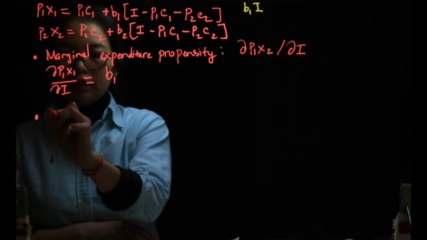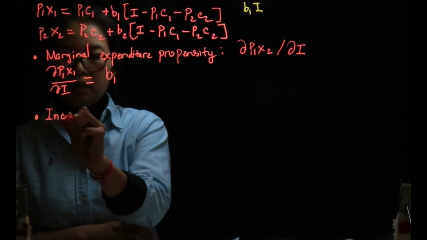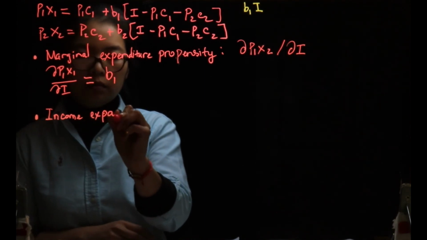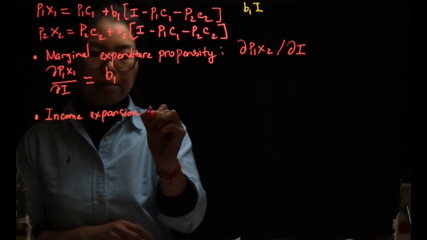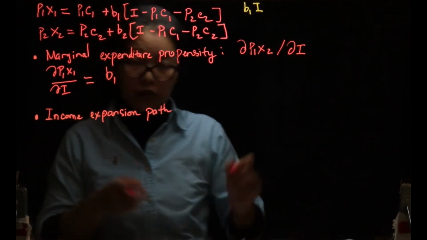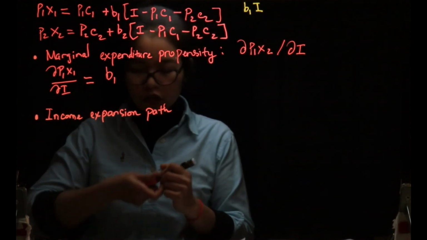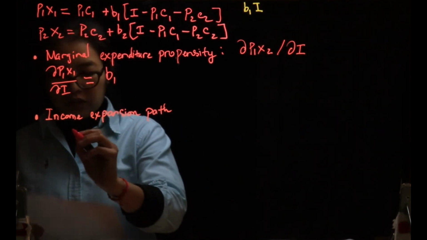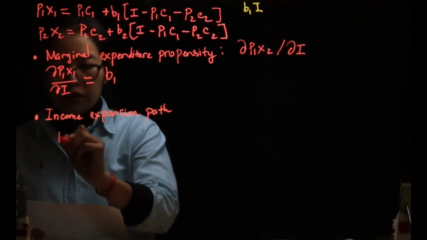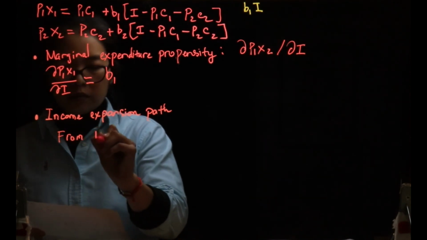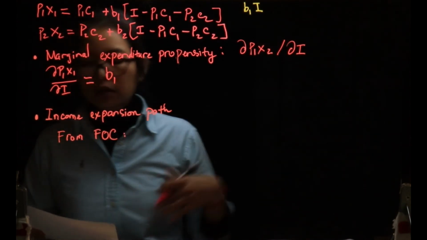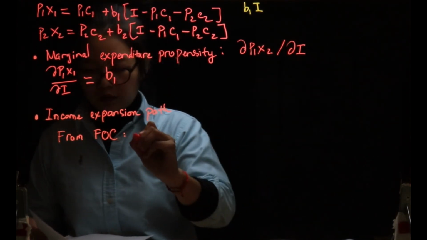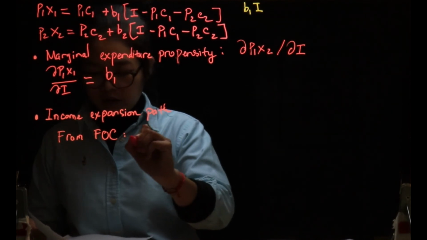Second point is the income expansion path, which we have seen before for the Cobb-Douglas case. So now, how is it different from before? So again, from the first order, income expansion path is something we could derive on the way after the first order condition is derived.